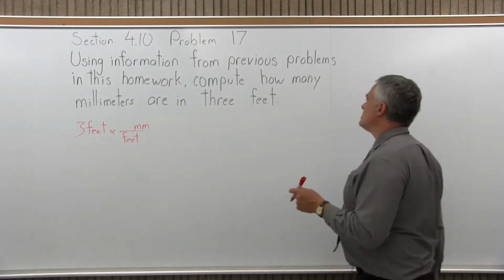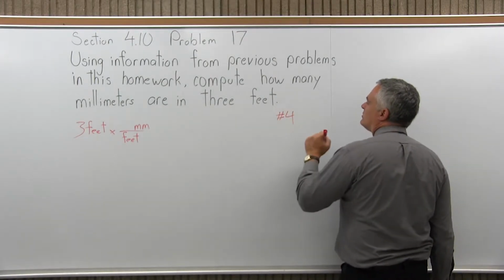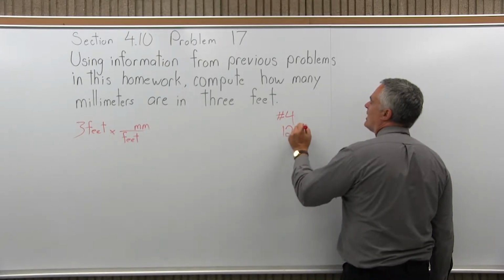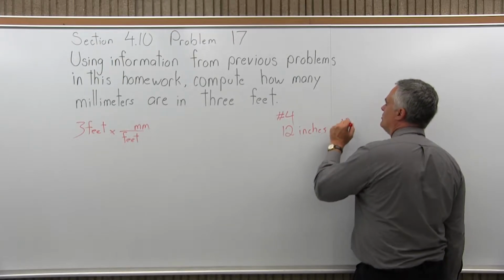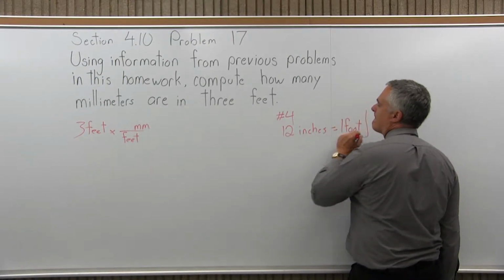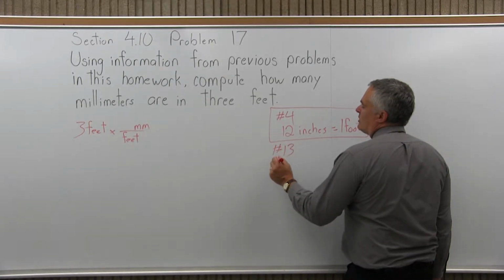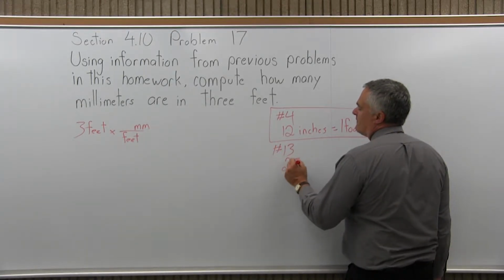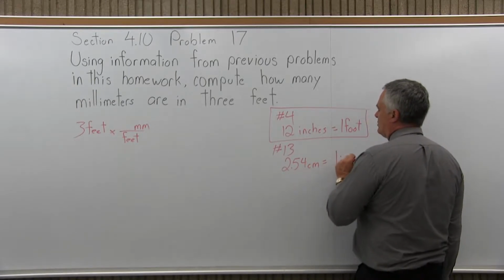So it says using information from previous problems. So if we go back to some of the problems, you'll notice in number 4 that it says 12 inches is equal to 1 foot. So we'll use that. Then in problem number 13, it also says that 2.54 centimeters equals 1 inch. We'll use that.